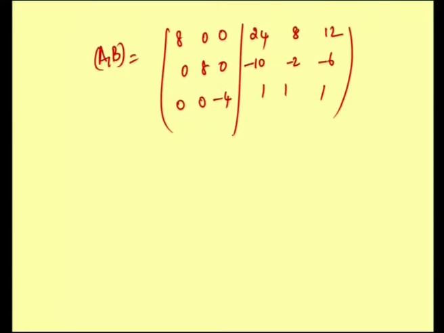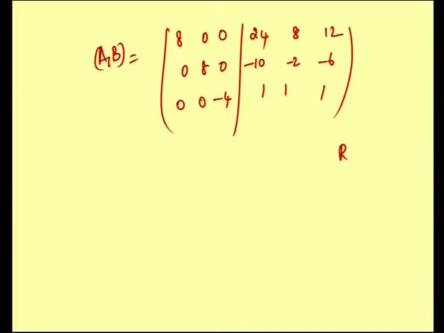Okay. Now, make all the diagonal elements 1 so that it becomes an identity matrix. So, R1 is equivalent to R1 by 8, and R2 is equivalent to R2 by 8, and R3 is equivalent to R3 by minus 4.